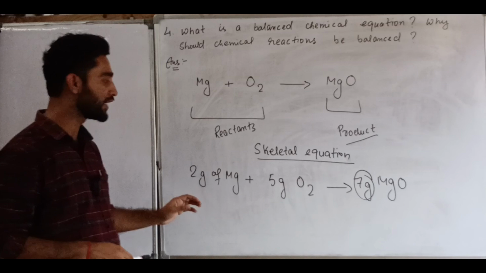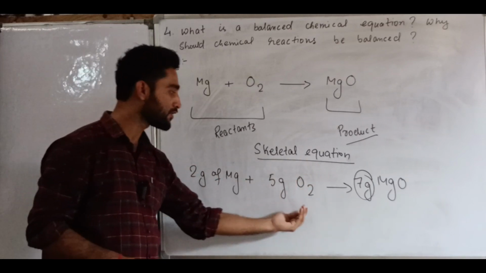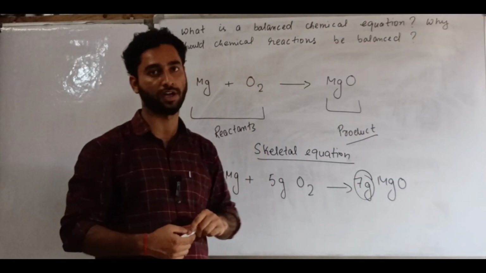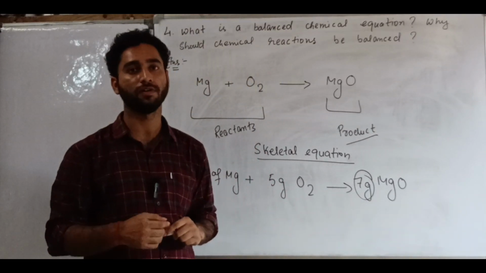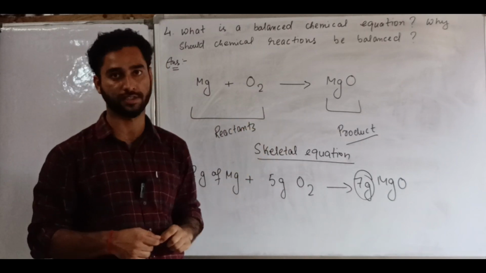So in a chemical reaction, mass can neither be created nor destroyed. The mass of the reactants will always be equal to the mass of the products. So to satisfy the law of conservation of mass, a reaction should be balanced.